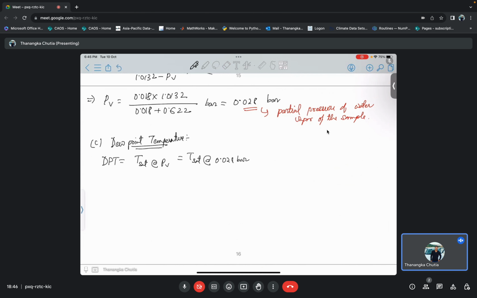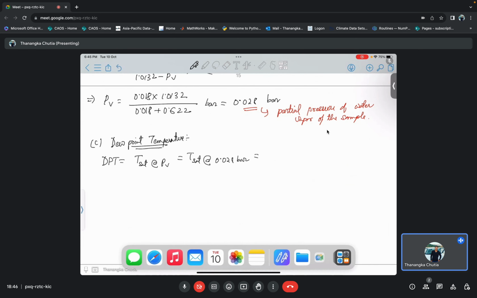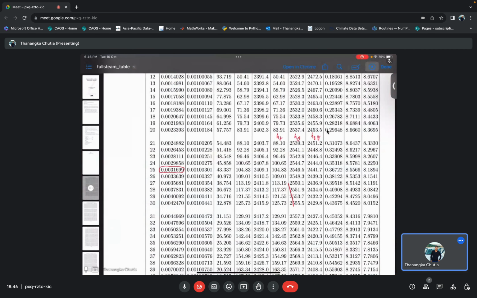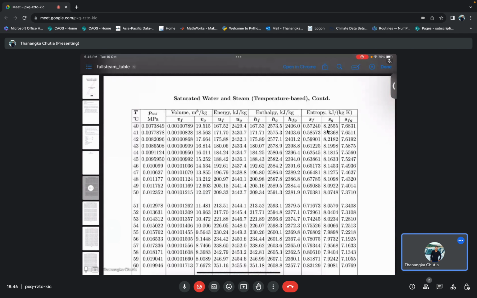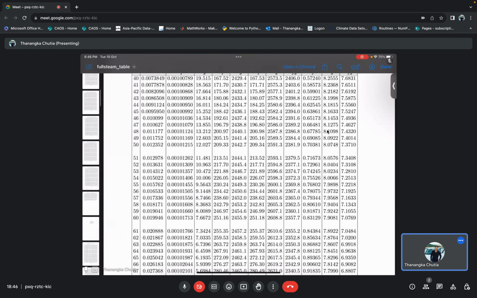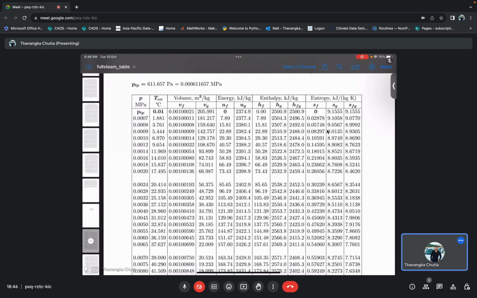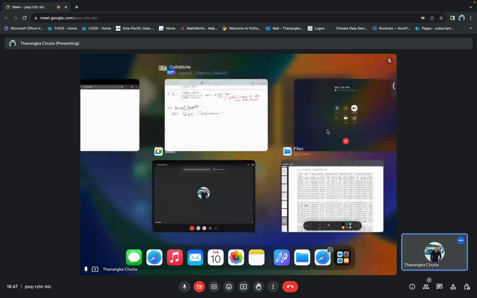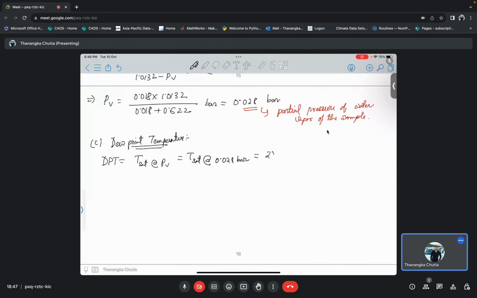If you look at the steam table, 0.028 bar means 0.0028 megapascal. So we have to go to the pressure table, and this is basically your value, 22.935 degrees Celsius. So this is your dew point temperature.